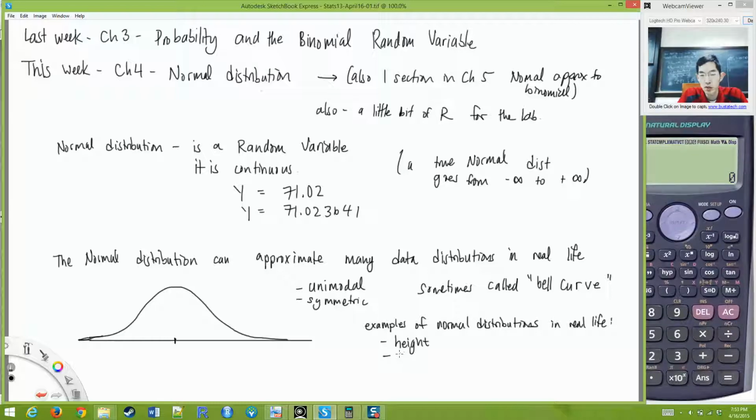IQ, so intelligence scores, and even to a degree SAT scores are approximately normal. Values in the middle are most common. Values slightly above the middle are also common, but as you go further and further above the middle, they become less and less common, and going in the opposite direction, the same is true.